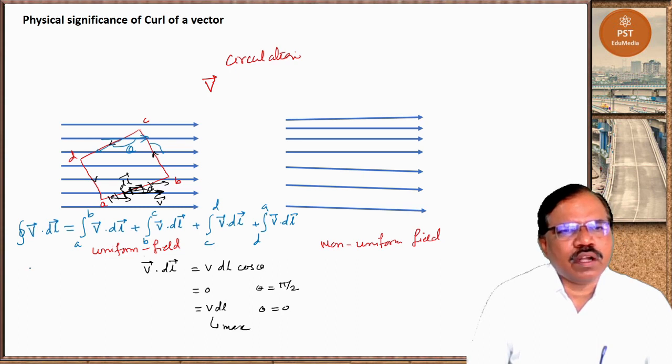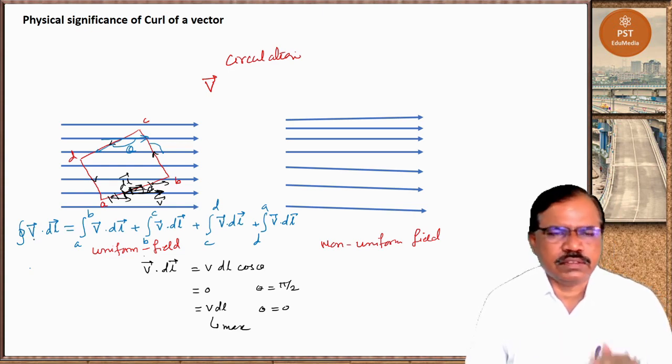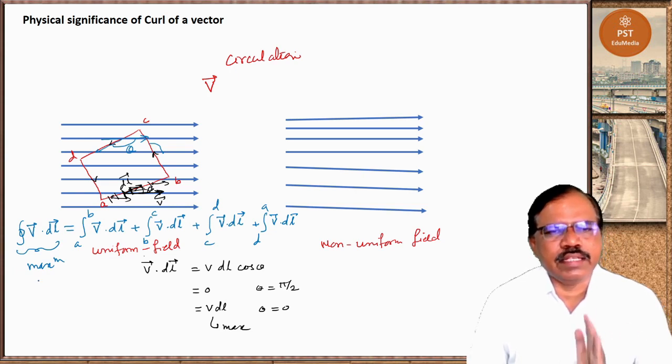Now this v dot dl will be maximum when the angle between v and dl is 0 degree.